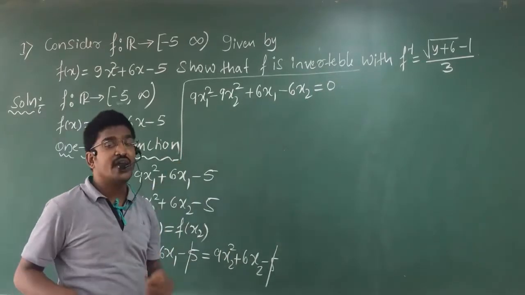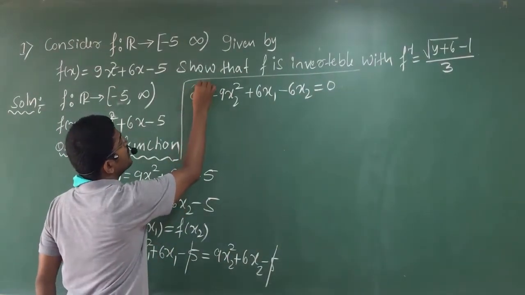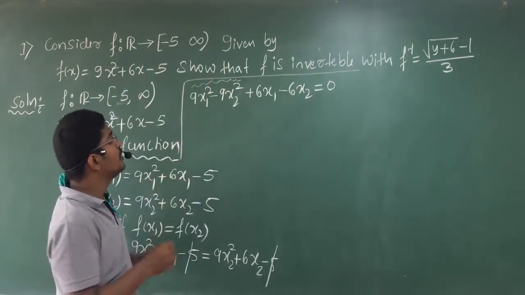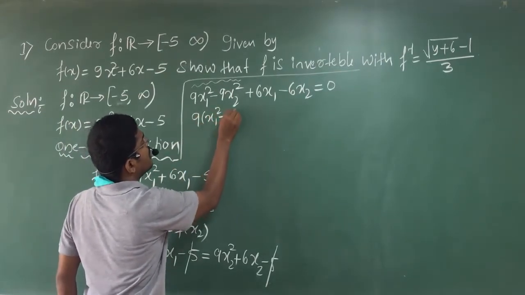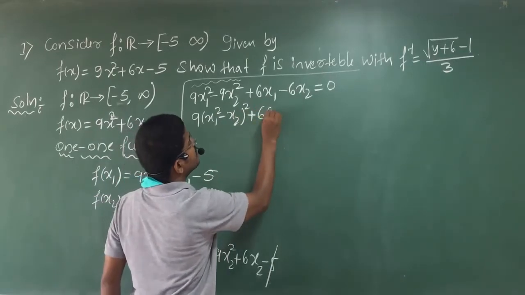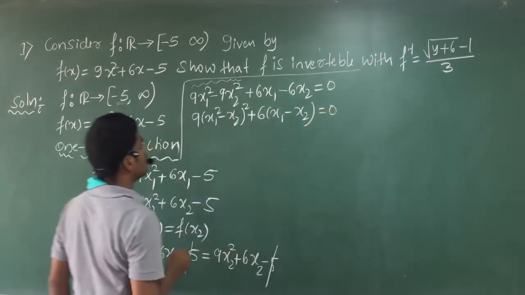These terms you can write. Okay. See, from this 9 is common, so that's why 9 times (x1 square minus x2 square) plus 6 times (x1 minus x2) equal to 0.